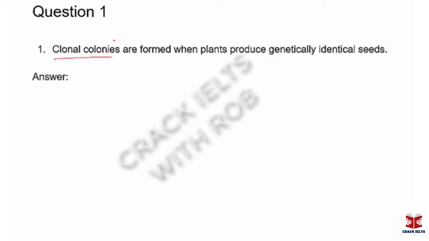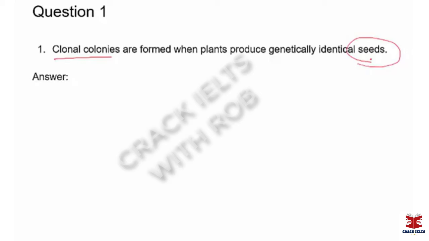So maybe not a huge clue for you about where to go search initially, but this word seeds, there's only one place really in the entire passage where there's a lengthy discussion of seeds, just a couple of sentences long. And that may have been a clue that helped you find the information.